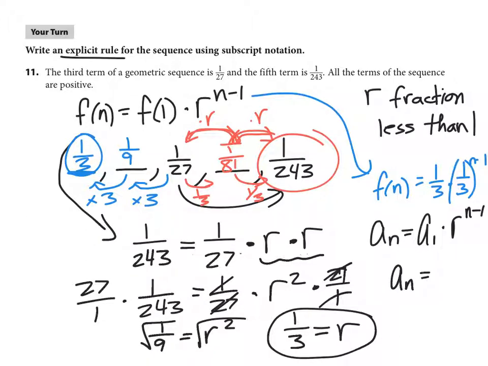So it would still look like 1/3 times 1/3 to the n minus 1, and that's subscript notation. It's just a different way of writing it. It's a little more challenging problem in terms of finding your first term and your r, but hopefully you get it in relationship to what we did with linears. Just make sure you understand this whole squaring and square root thing.